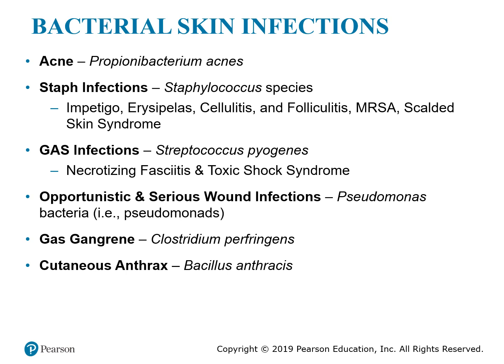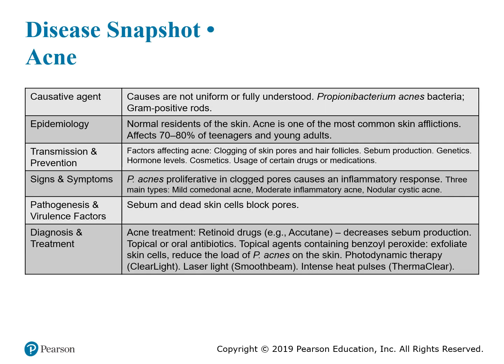Next, we're going to look at some of the different bacterial skin infections that you will see. Acne, of course, we're all pretty familiar with acne. It usually comes from normal skin flora that becomes opportunistic. It's more common in teenagers and young adults, but you can see it throughout adulthood.